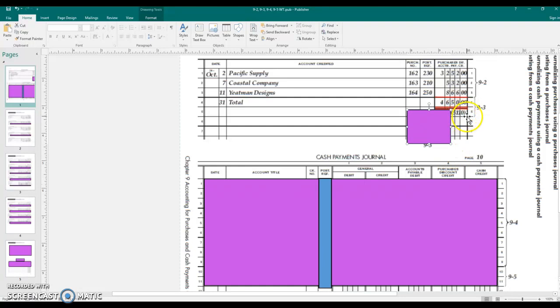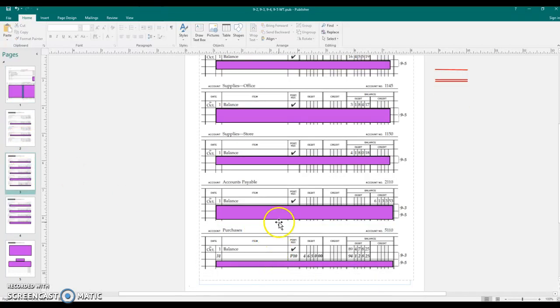Okay, 5,110. We also have to post to accounts payable credit. So 4,650. We need to post over here to accounts payable credit. Accounts payable credited 31, P10, 4,650, for a total of $10,783.53.